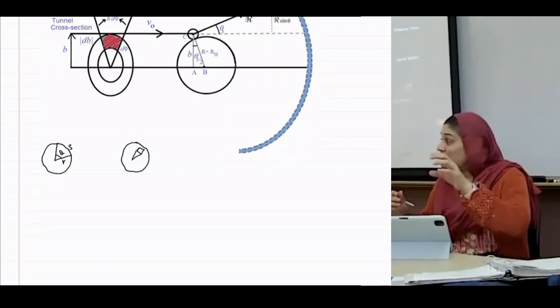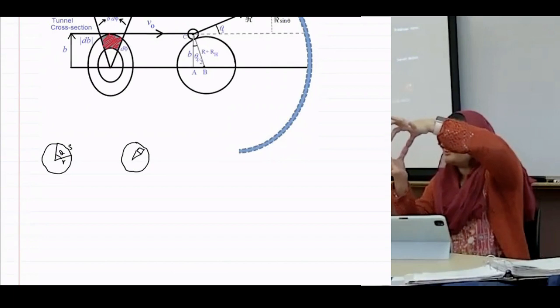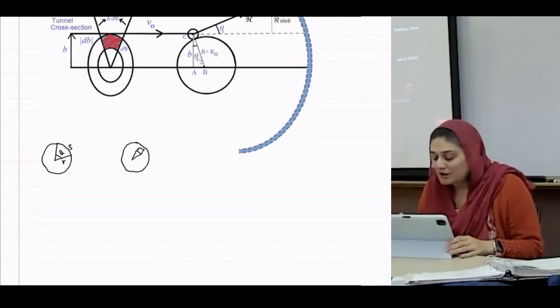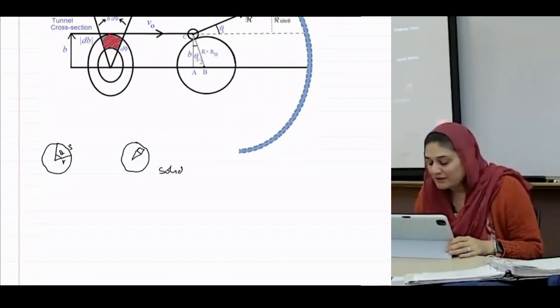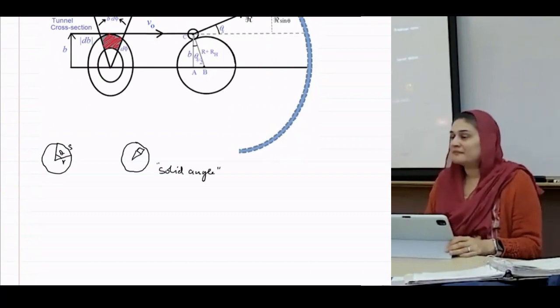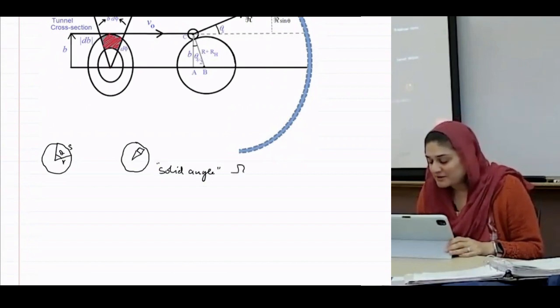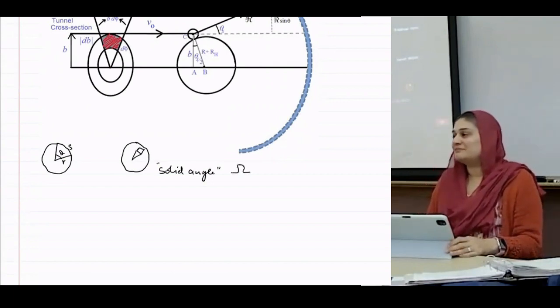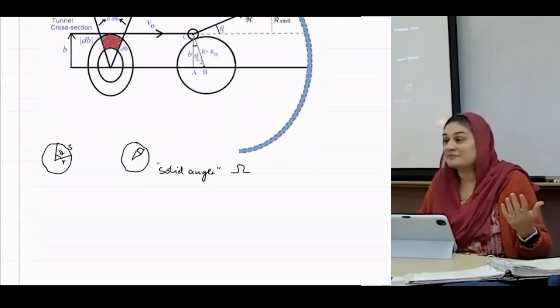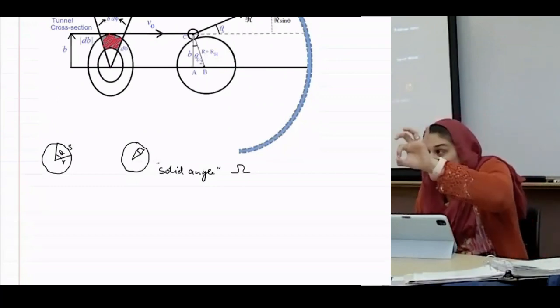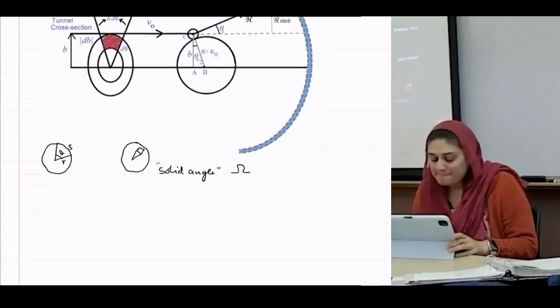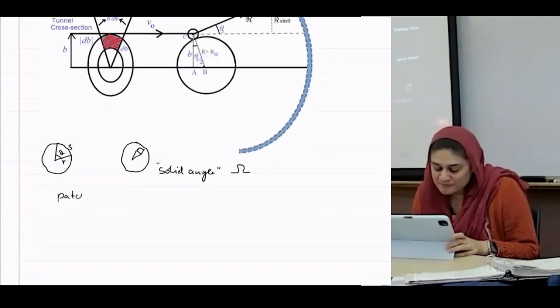But when you have a sphere and you're trying to find the patch, it is actually called a solid angle. Heard that term before? And solid angle, usually people write it as that. That's all there is.